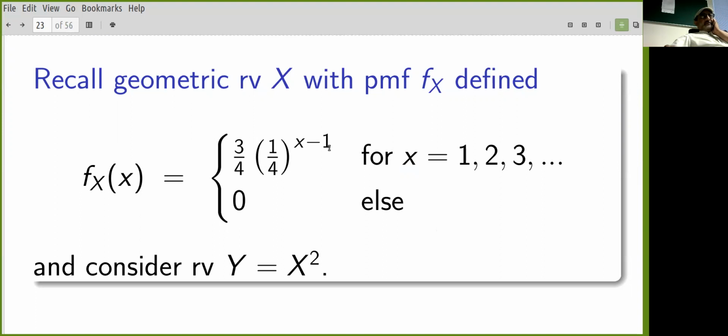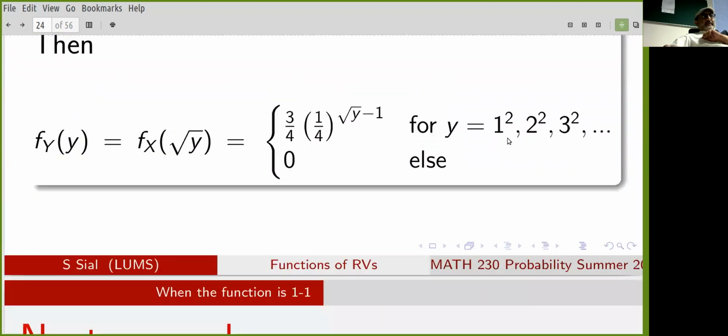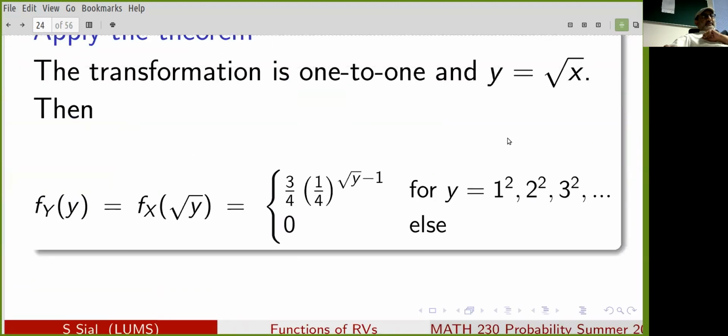The x is defined because u is 1-to-1. And usually when we write y is equal to x squared, then we can write x is equal to square root of y, not plus or minus square root of y, because this is 1-to-1. So then you could replace this x by root of y. Okay, so that's what we've done over here.